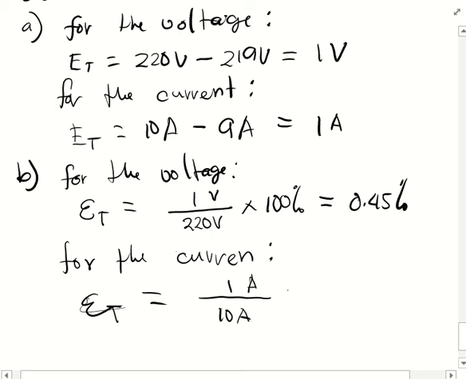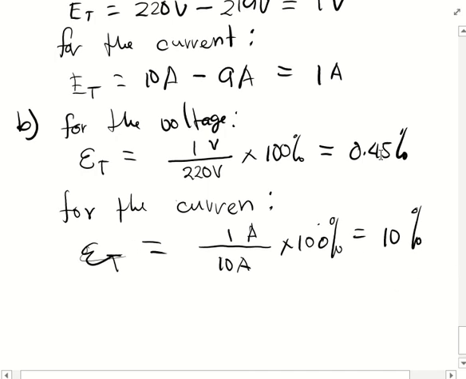It's the true value, it's 10. Then you multiply it with 100%, and the result will be equal to 10%. So what does this mean? If you compare now the error between the current and the voltage, the error in the current is much higher compared to the voltage, even though they have the same value for the true error.